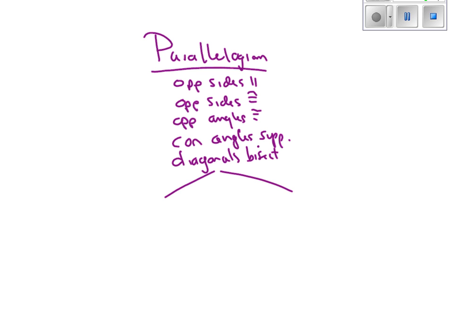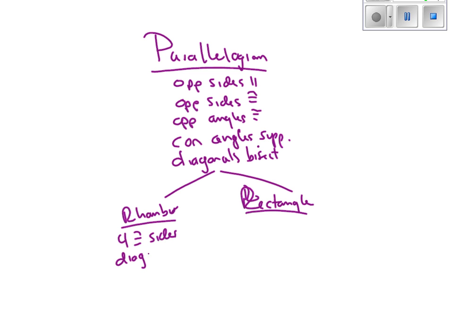Now, off of there, this is kind of a flow chart here. You have a rhombus and you have a rectangle. Rhombus: 4 congruent sides and diagonals are perpendicular. Rectangle: 4 right angles, diagonals congruent.